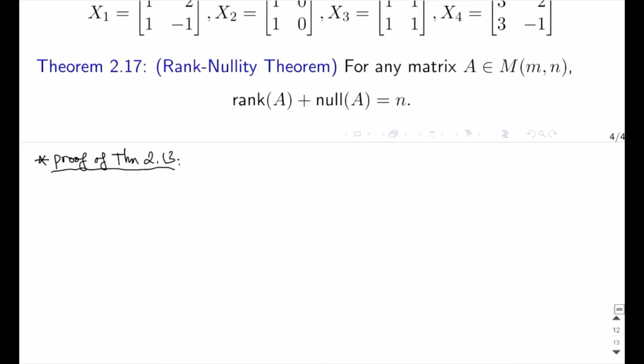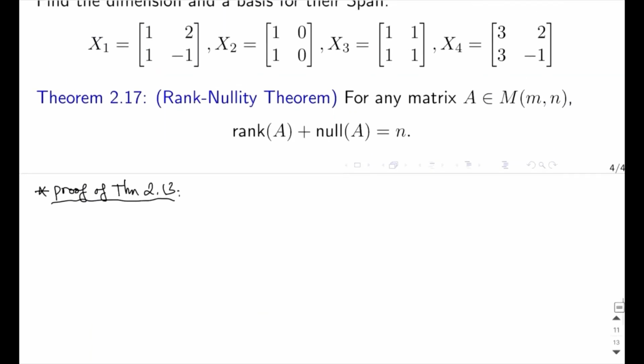Now let me remind you a little bit about the pivot columns and the non-pivot columns. If you are given a matrix A that consists of the first column, the second column, up to the last column, you have n columns here.